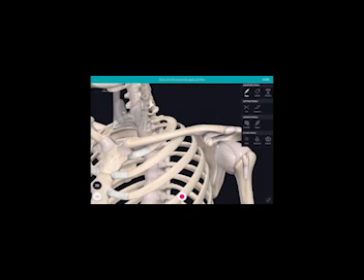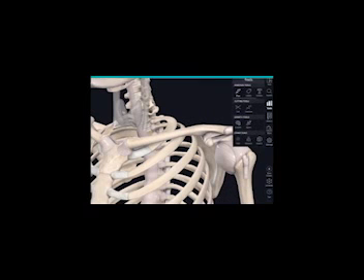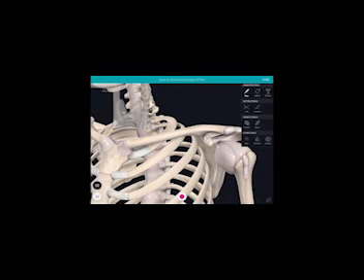Oh, and one thing that I forgot to mention: both the SC joint and AC joint have what we call the fibrocartilaginous disc. Much like what we saw in the knee joint as a meniscus, we have this tiny disc located inside of the joint.